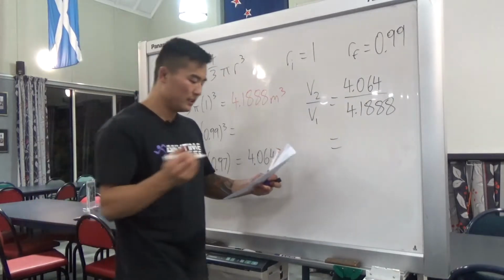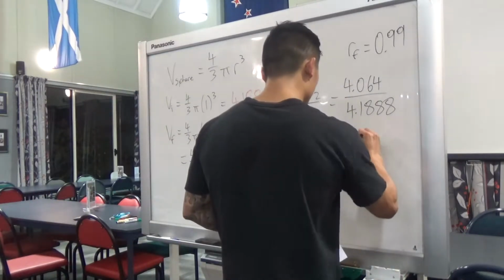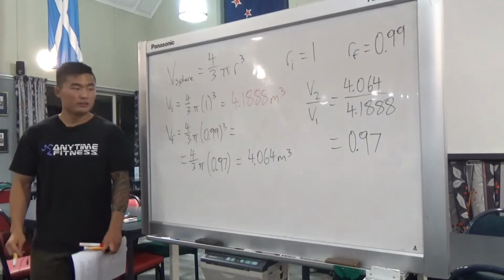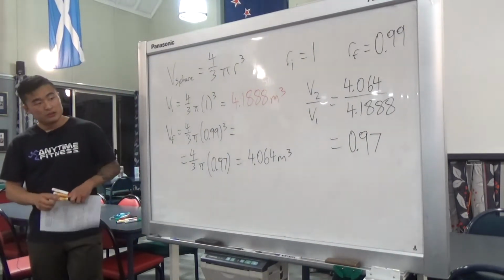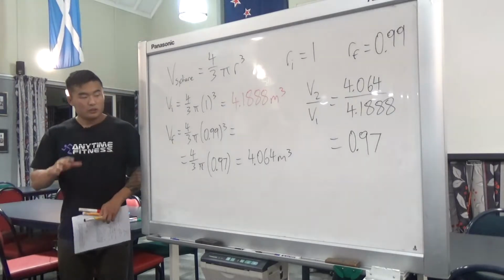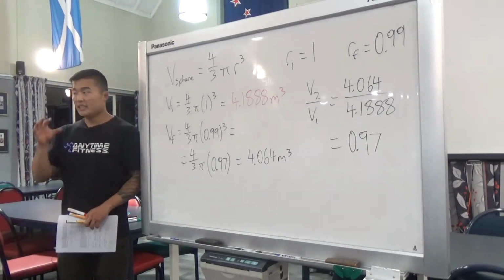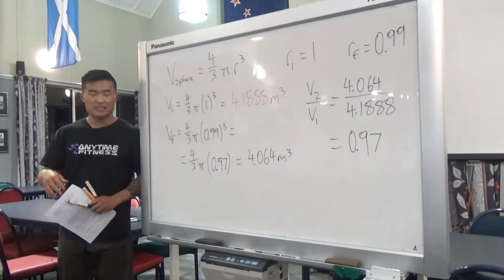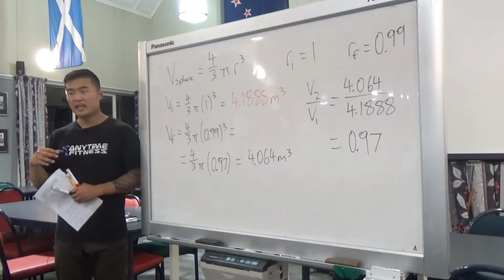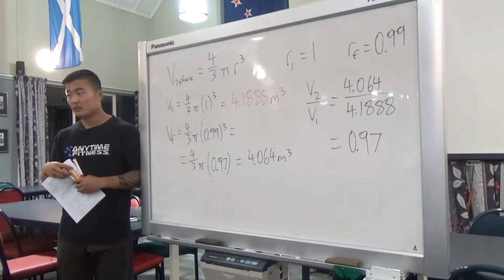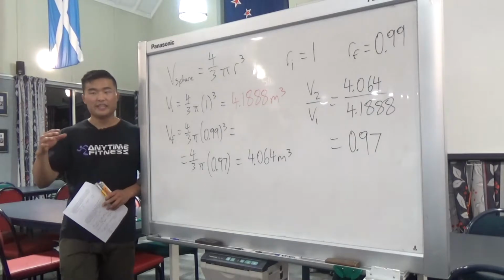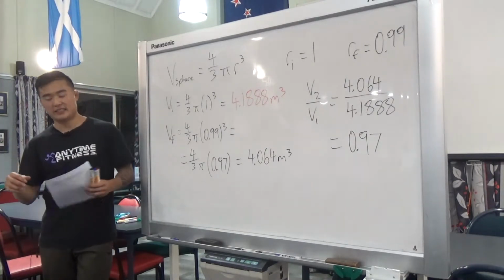If you do that, that's going to give you 0.97. So our new volume is 97% of our original volume. So how much has our volume decreased by? Yeah, 3%. So we've reduced our volume by 3%.